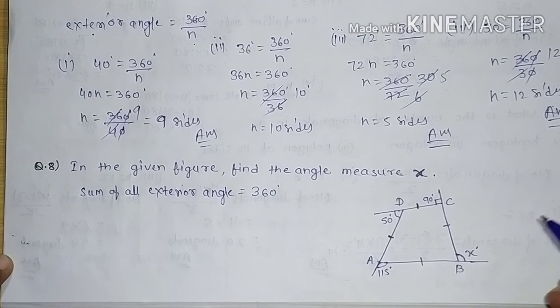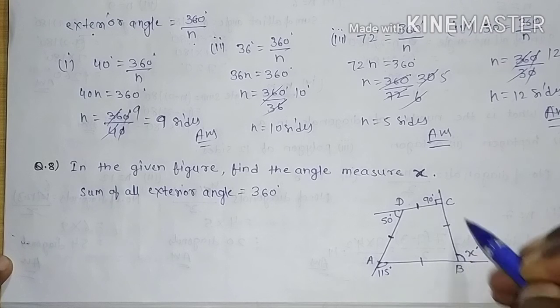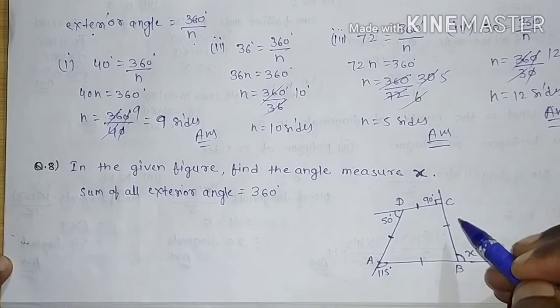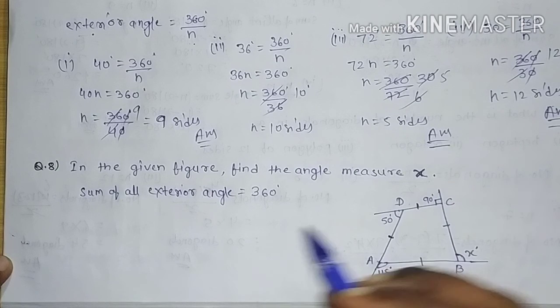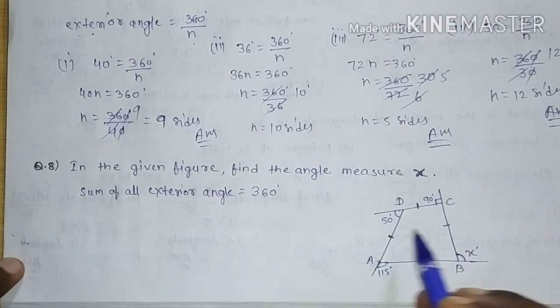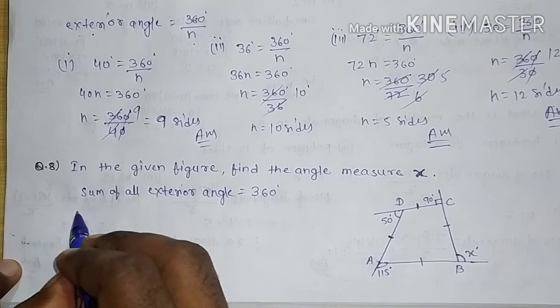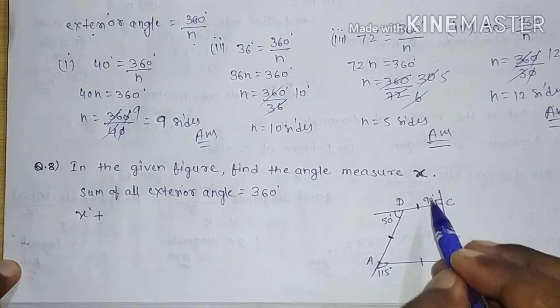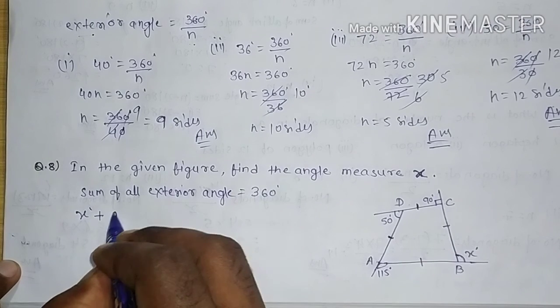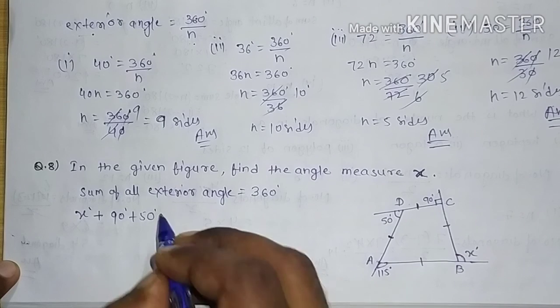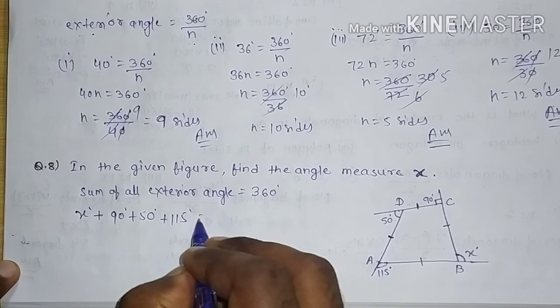The exterior angles are x degrees, 90 degrees, 50 degrees, 115 degrees. The sum of all these 4 angles equals 360 degrees. So we can write x degrees plus 90 plus 50 plus 115 equals 360 degrees.